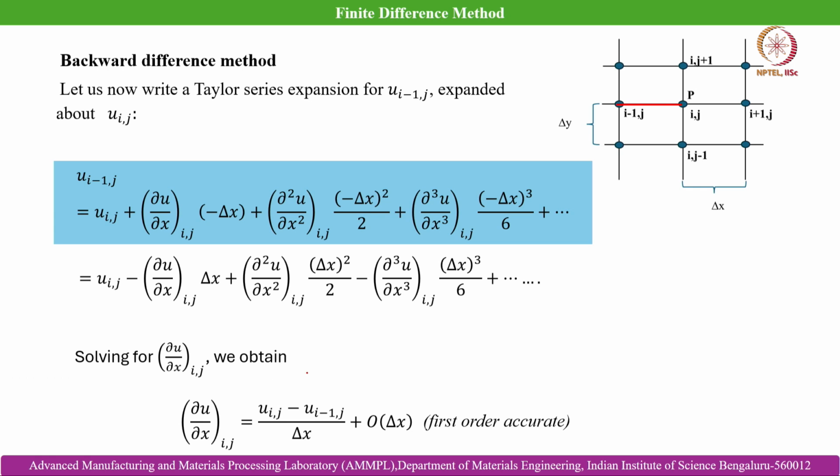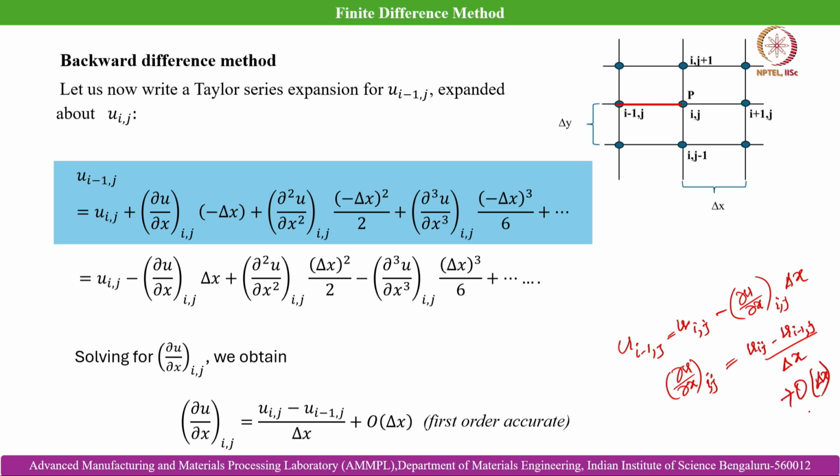So here you are getting basically u i minus 1, j is equal to u i, j minus del u del x at i, j times delta x. If you want to determine the value of del u del x at i, j, then you have u i, j minus u i minus 1, j divided by delta x, and the rest are the truncation errors. So this is first order accurate, again similar to the previous case of forward difference.